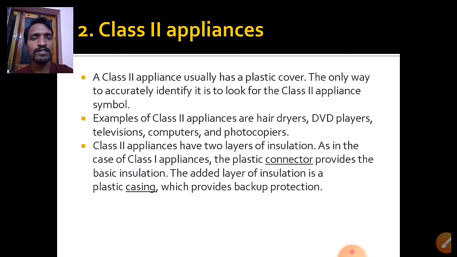If we see the symbol on any appliance, we can say that this is a class 2 appliance. Class 2 appliances generally have 2 layers of insulation. General examples of class 2 appliances are hair dryers, DVD players, televisions, computers, and photocopiers.